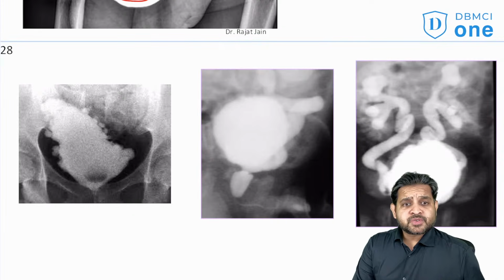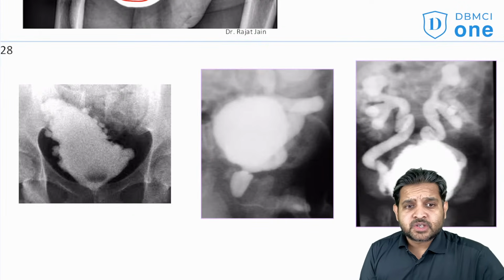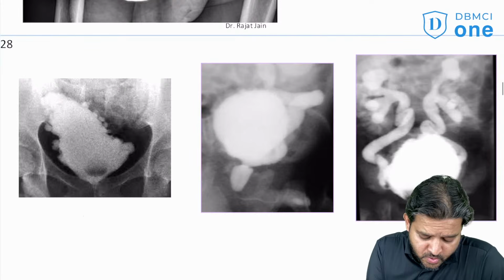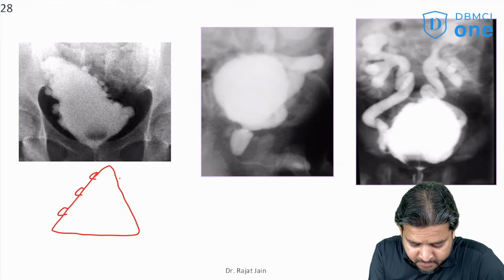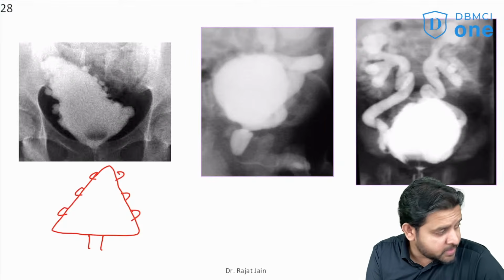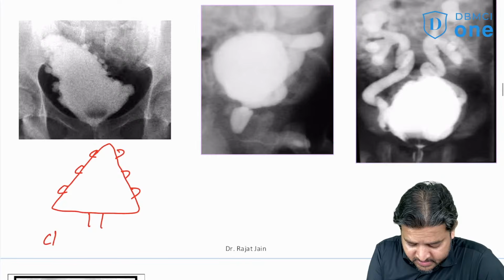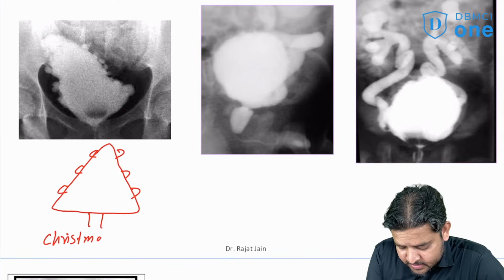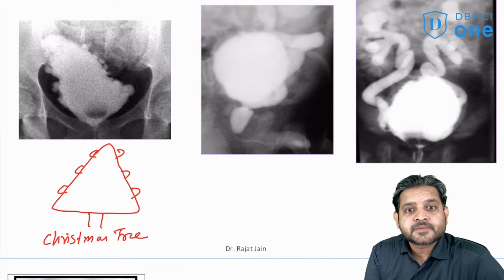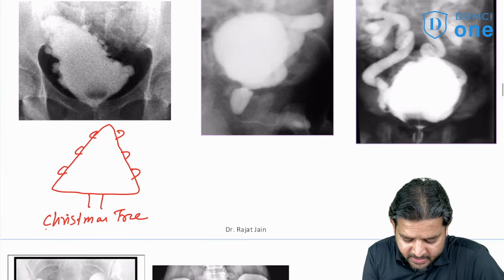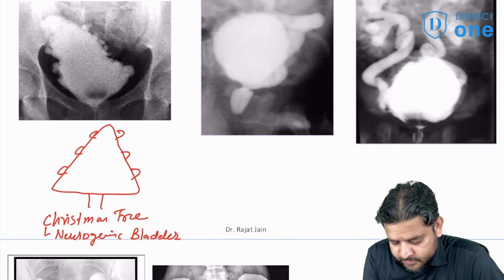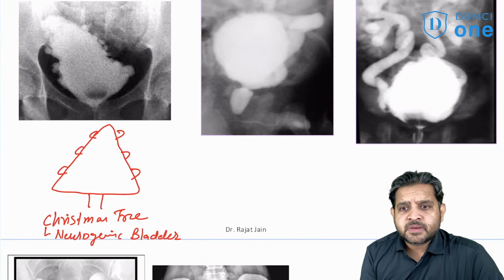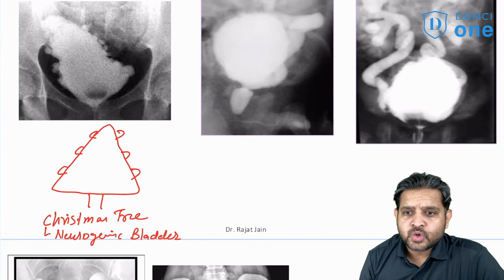Now, in MCU, you may have different appearances. You may have an MCU where the bladder appears like the shape of a triangle with multiple diverticulae and a stem below. If you have this appearance, this is what is called as Christmas tree bladder, and a Christmas tree bladder is a feature of neurogenic bladder.